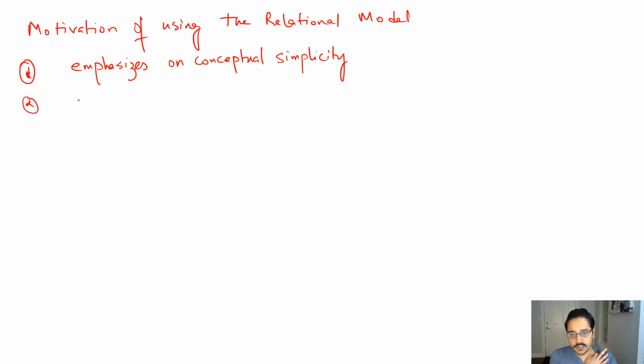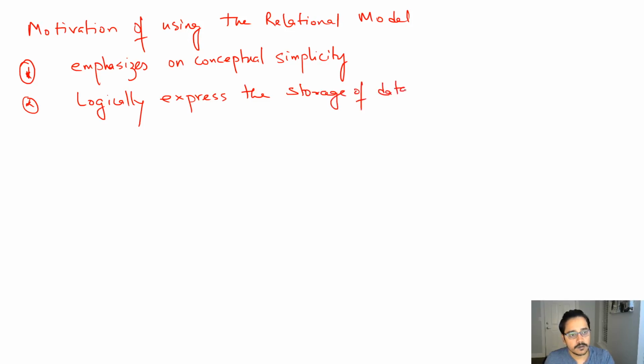So that is where the motivation of developing the relational model comes from, right? So what it does is it is able to logically express the storage of data and its relationships. Okay.